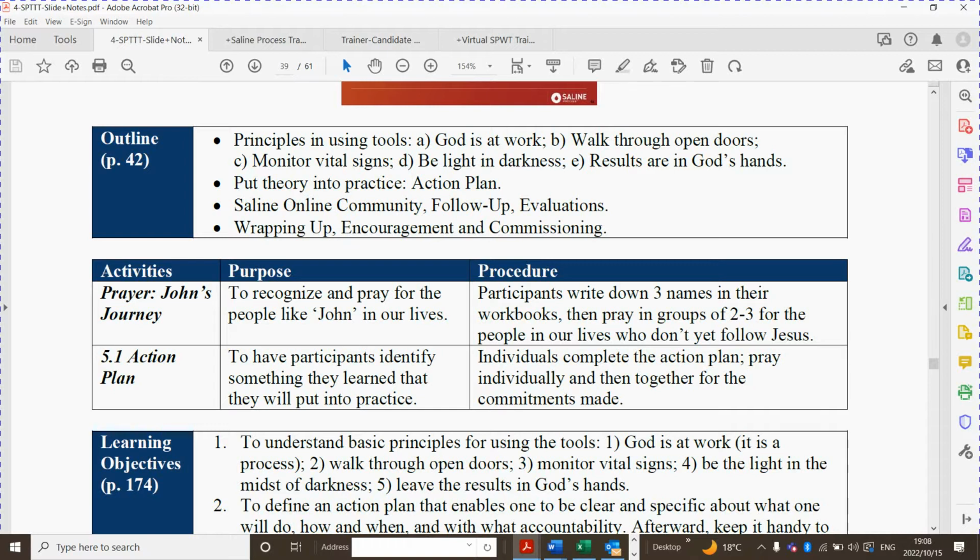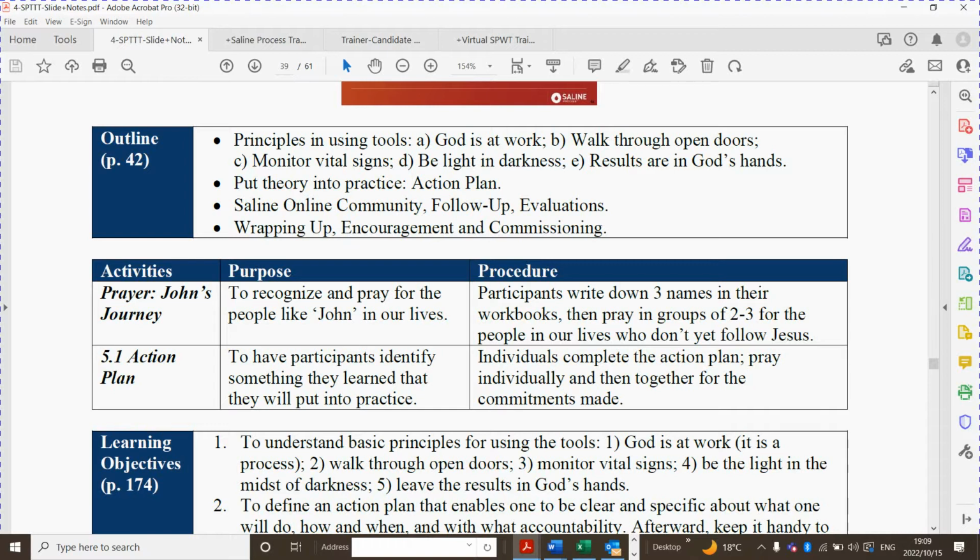This will require an action plan to do as expected of us. So we need to see the opportunities and the open doors that are available for us to monitor vital signs, so as to be the light in the darkness and trust in the Lord for the results.